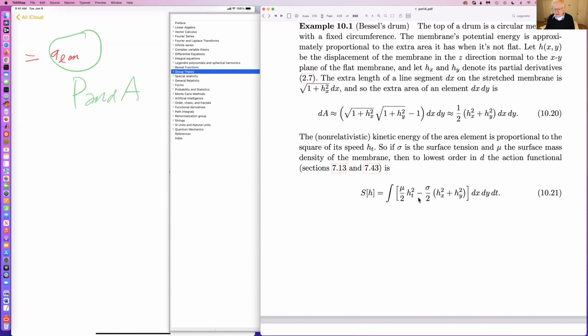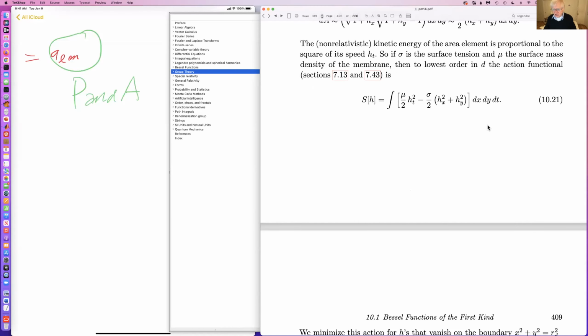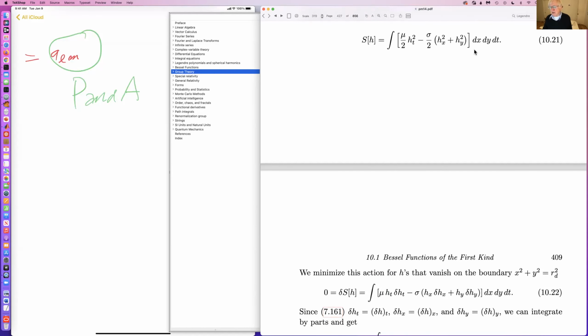There's also some kinetic energy, which is the time derivative of the height. And so this is the potential energy, this is the time derivative. So this is our action formula. Action, remember, is basically the integral of the Lagrangian times time. And the Lagrangian is basically the kinetic energy minus the potential energy, at least for simple systems.